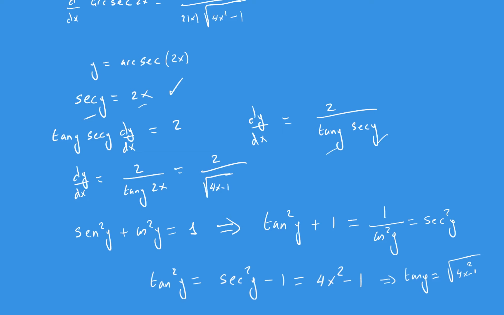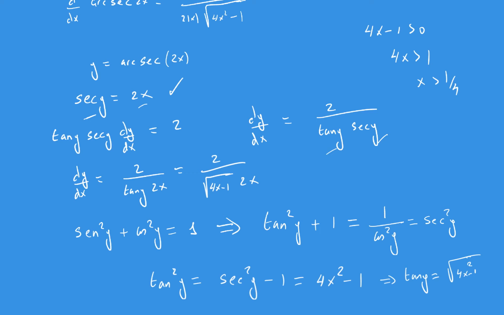What is inside the square root has to be positive. So 4x squared minus 1 has to be positive, so x should be bigger than 1/4 to make sense for this equation. Okay, multiply by 2x.